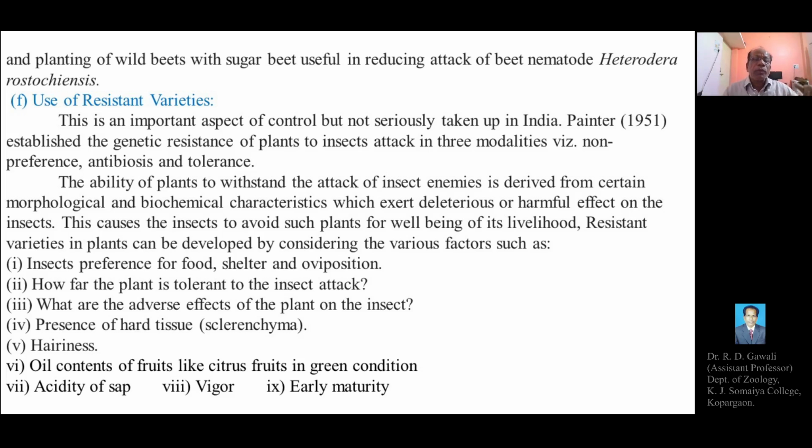These are some of the important features which can be developed in crop plants, and which will help to avoid the insect attack or infestation of the particular crops.